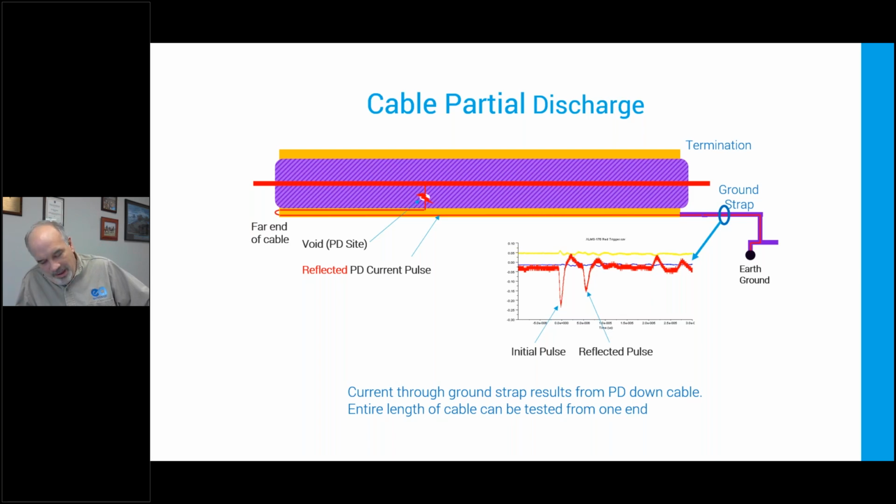So if I can put a high frequency transformer, high frequency being it's going to ignore the power system frequencies and just pick up the radio frequencies, I can see that pulse. And often I can see where it reflects off the far end of the cable. If I can see that, I can determine how far away it is. So that's how I'm going to look for cable discharge. And cable discharge is much more common than most of the other kinds. Cable and surface are your two most common discharges.